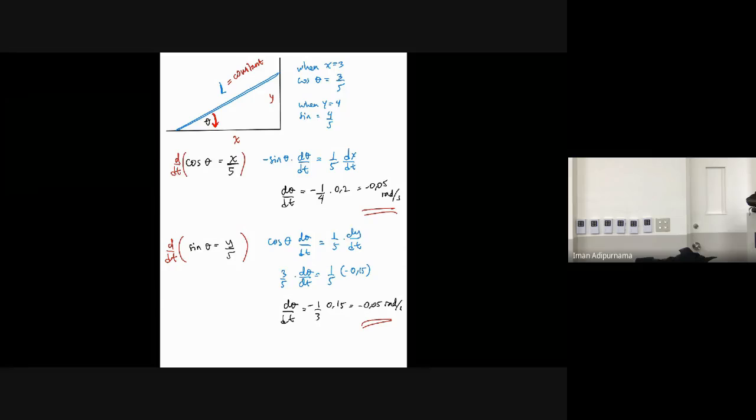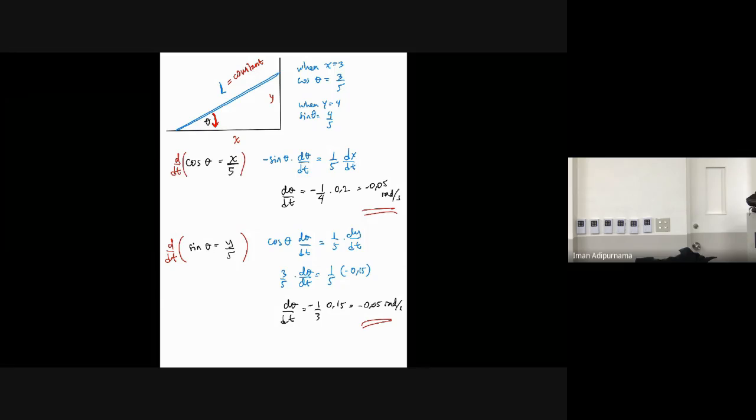So first we get from this x over 5, so we get negative sine theta. And from our information previously, sine theta is 4 over 5, and cos theta is 3 over 5. So based on these two pieces of information, we can use them inside both of our equations.